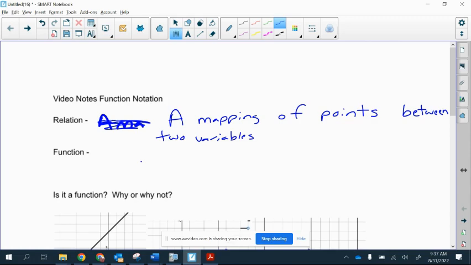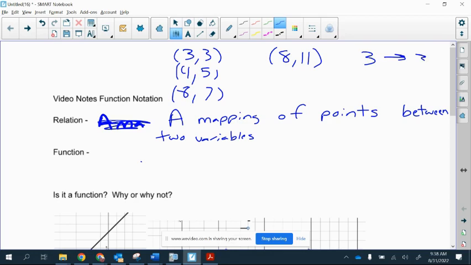For example, if you had the numbers 3, 3, 4, 5, 8, 7, 8, 11, this is a mapping of different x values compared to certain y values. It's saying that 3 could become 3, that 4 could become 5, and that 8 could become either 7 or it could become 11.